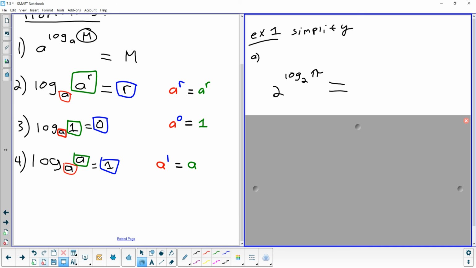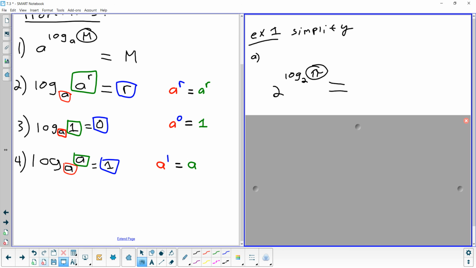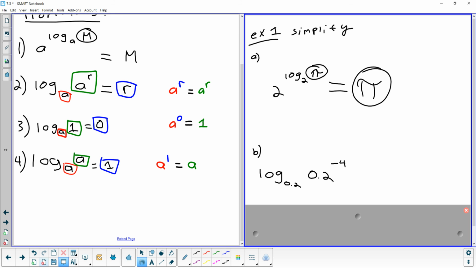So, based on that being property 1, anybody think they know what the answer is going to be? Yep, pi. The answer is whatever this is right here. Pi. And that's it. It's just a special pattern. Okay, example B. Log base 0.2 of 0.2 to the negative 4th power.